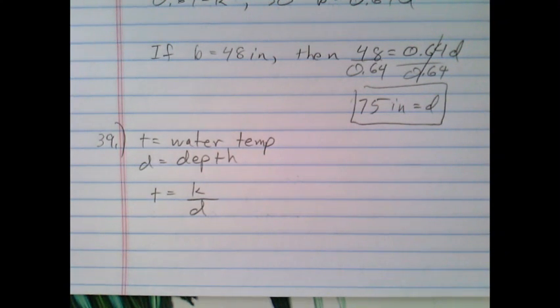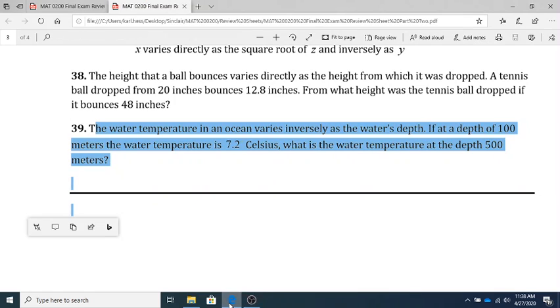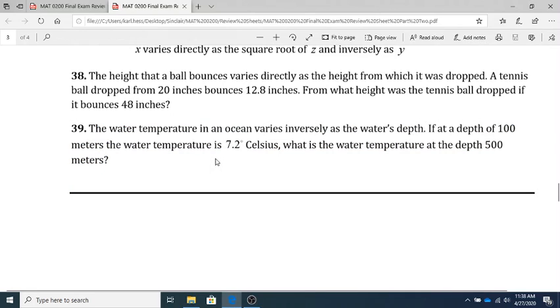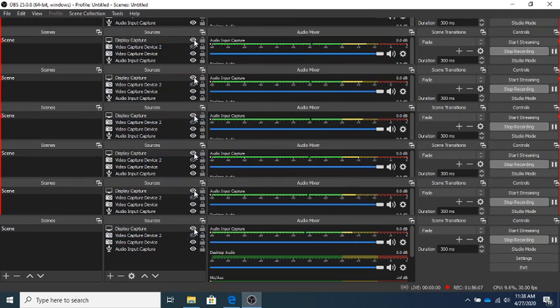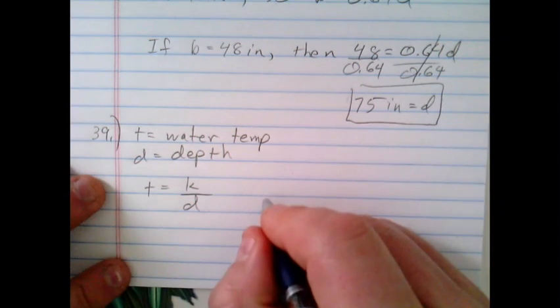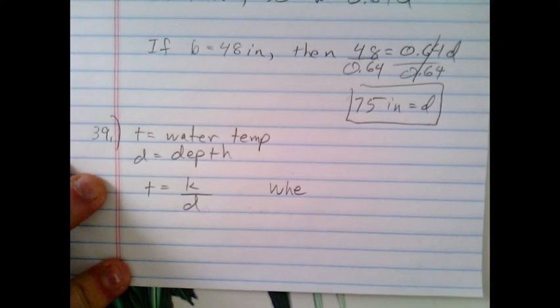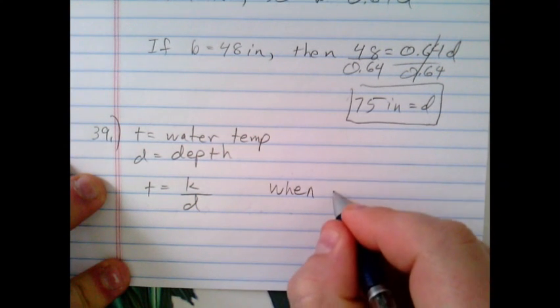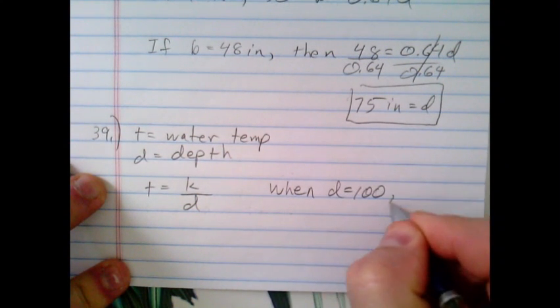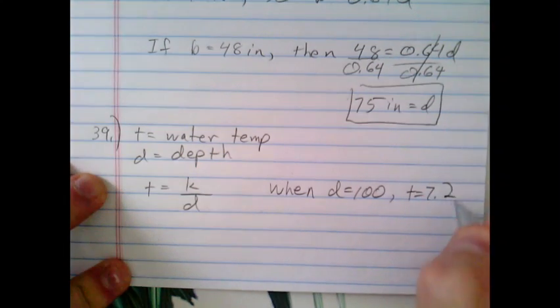Now hopefully they're giving us some information that will allow us to figure out what K is. So let me see. It says at a depth of 100 meters, the temperature is 7.2 degrees Celsius. That should be enough information to figure out what K is. So when D equals 100, T equals 7.2.